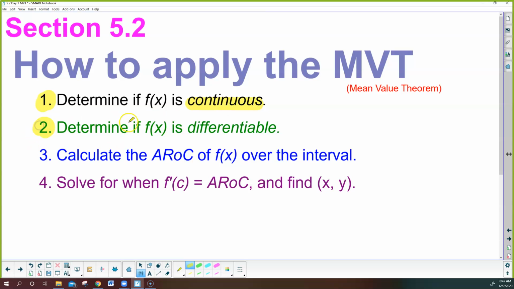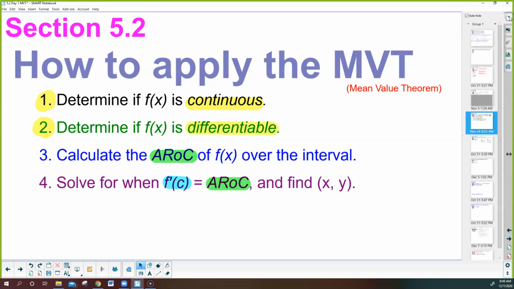You also have to determine that it is differentiable, and you need to state those. If you don't state those, then you're not stating the hypothesis of the mean value theorem. Then we calculate the average rate of change, which we've already done. That's just slope. And then we compare the average rate of change to the derivative. Once you get the hang of it, it's actually a pretty friendly process if you remember these 4 steps.